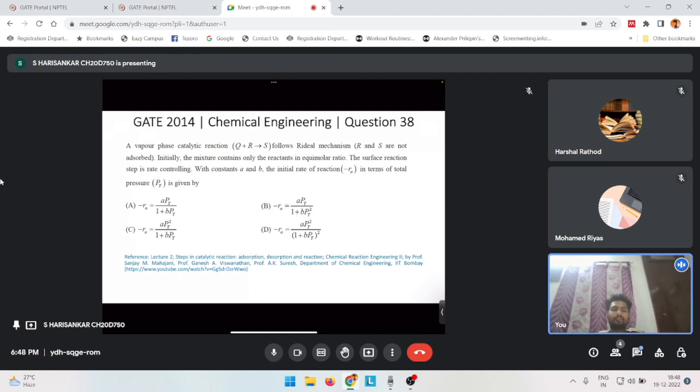A vapor phase catalytic reaction happens, and they are asking us to find the overall rate of reaction in terms of total pressure PT. So let's see how we can solve this.